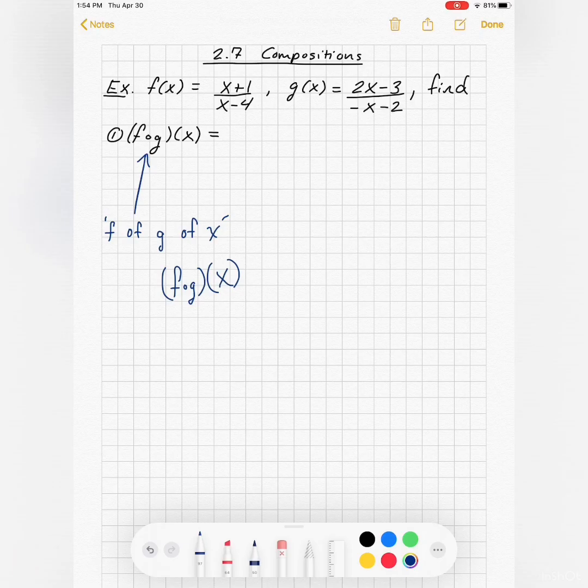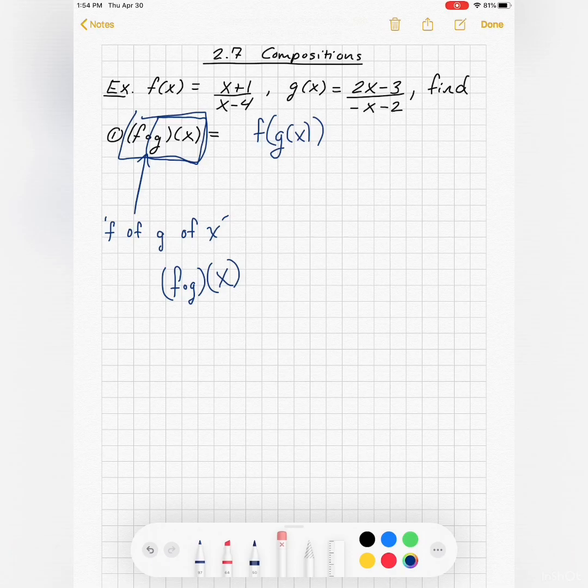Well, in any case, what I can do is I can look at the inner function. So you see the g function is the function closest to x. That means that's the function I'll apply first. Then I'm going to put that result into the function f of x, okay?